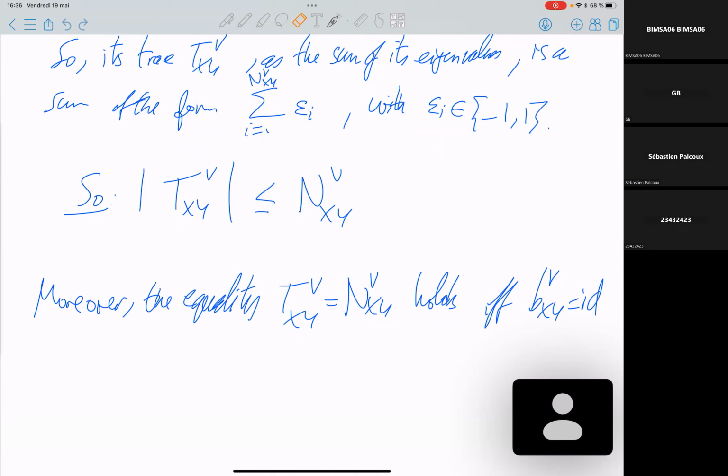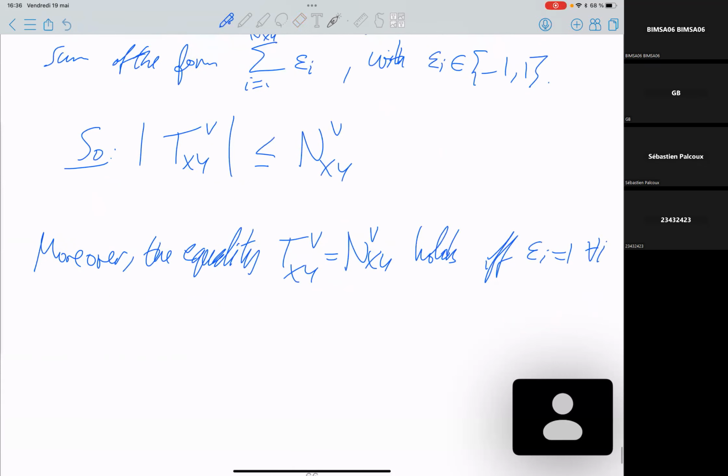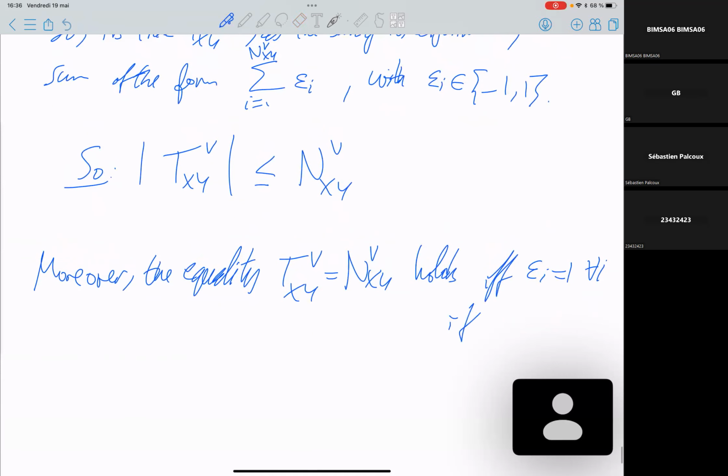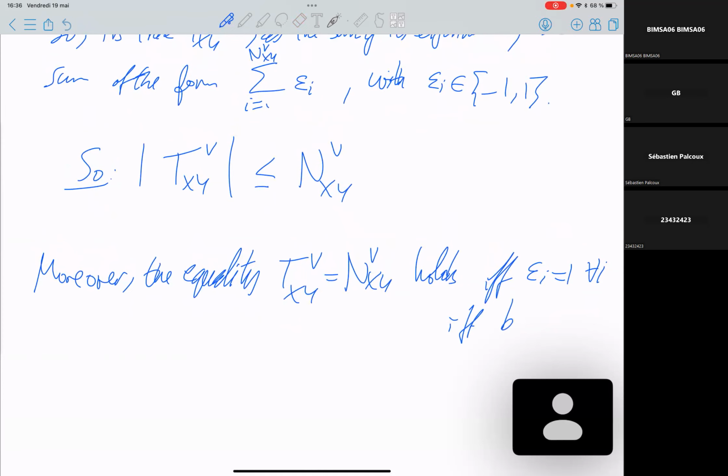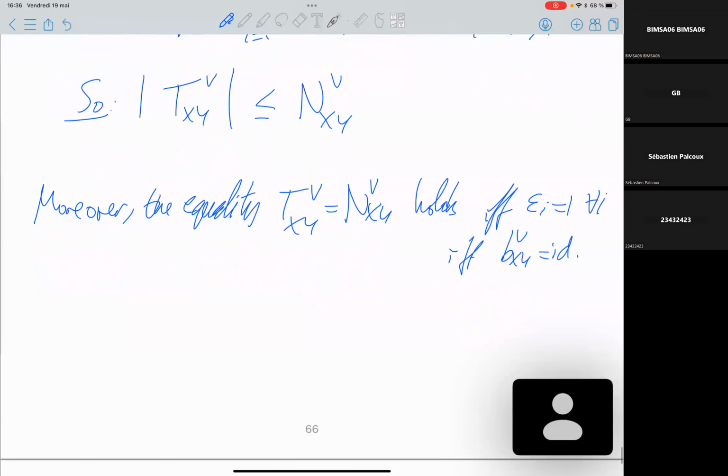Okay. So if and only if epsilon_i equals 1 for all i, if and only if B_{XYV} equals identity, if and only if A, the tensor structure X, is pivotal.